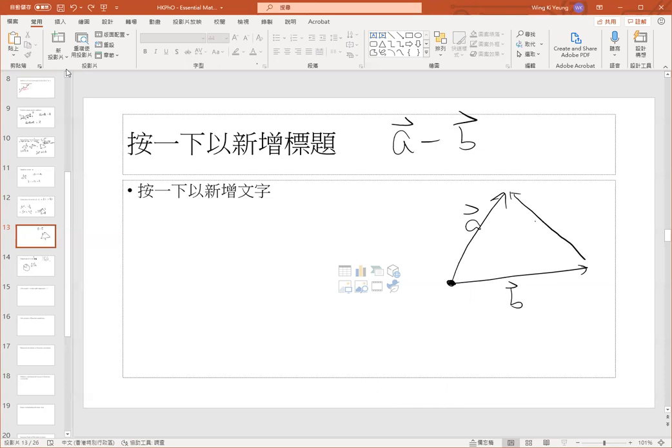This is the first one, the first vector, okay? This is the second vector. So which one is the vector A minus B?